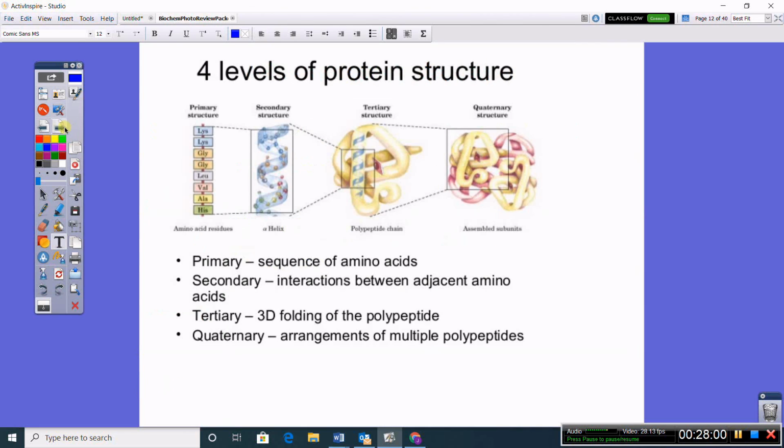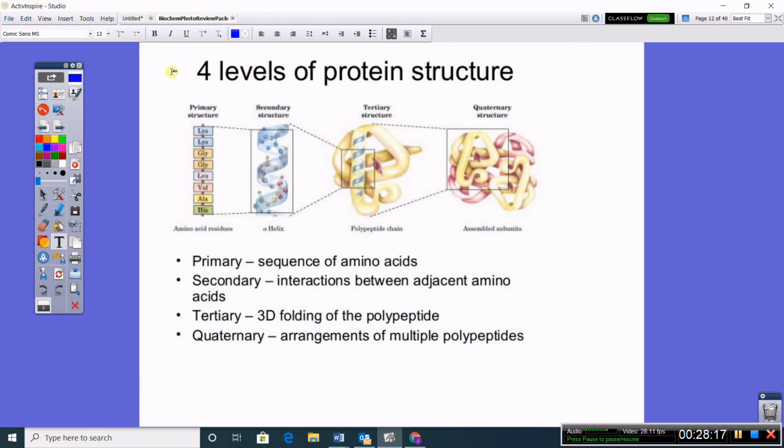When we get to tertiary, remember I used to show this to you like a phone cord, and that phone cord could be folded on top of itself, and at some regions you might have an alpha helix, and other regions you might have a beta pleated sheet.